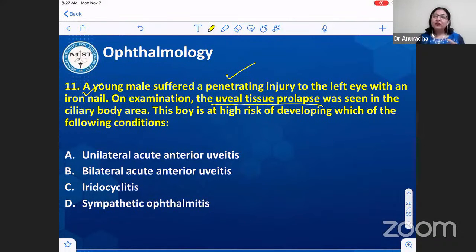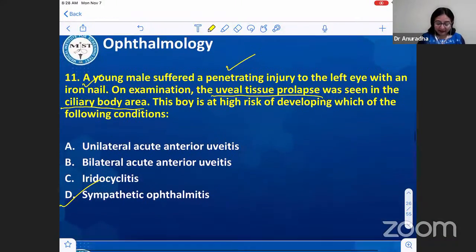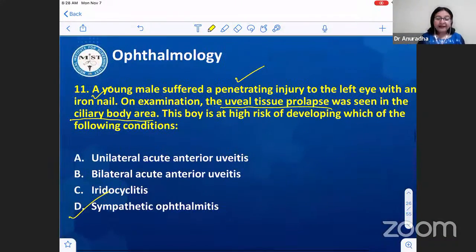And even the site of the injury, they have given: ciliary body area. So penetrating eye injury involving the ciliary body area is a high risk factor for, yes, absolutely right, sympathetic ophthalmitis. That is why the ciliary body area is also known as the dangerous area of the eye. Okay. And what is the nature of the uveitis which you see in sympathetic ophthalmitis?